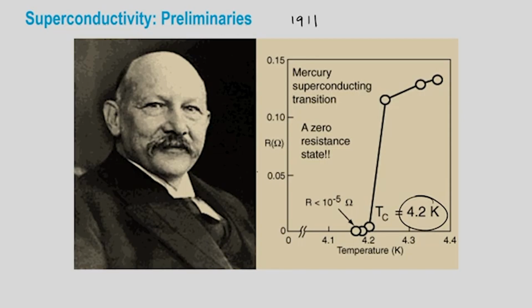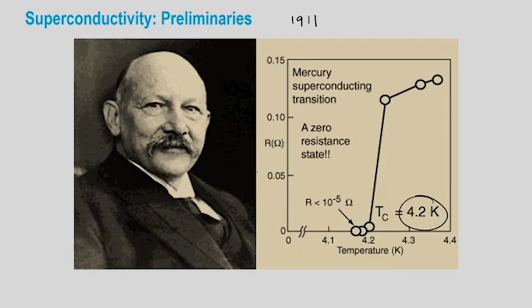It's very close to 0 Kelvin, or rather the absolute 0, just 4.2 degrees above that. And this temperature is very essential for seeing superconductivity in those days, where he took this, Kamerlingh-Onnes, H.